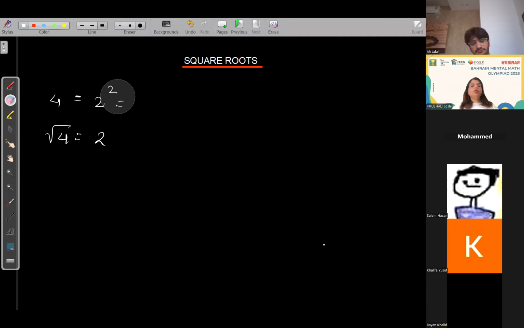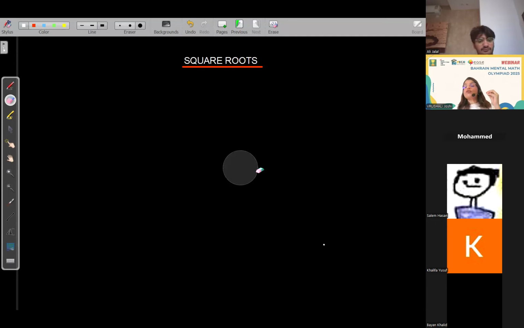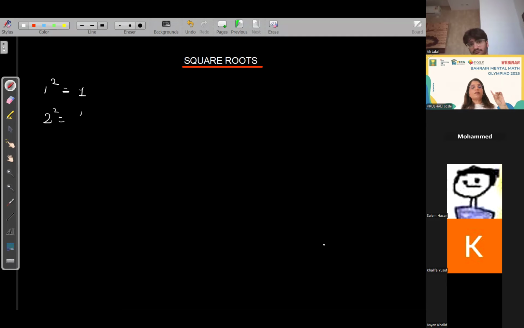Now, to find out the square root of numbers, what you essentially need to know is the square of single digit numbers, or squares up to 10. Can all of you in your notebook quickly write down the squares of numbers up to 10? 3 square is 9, then 4 square is 16.